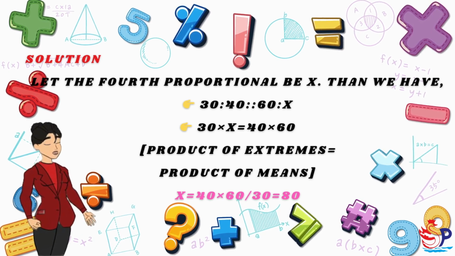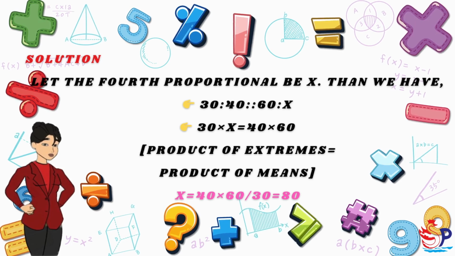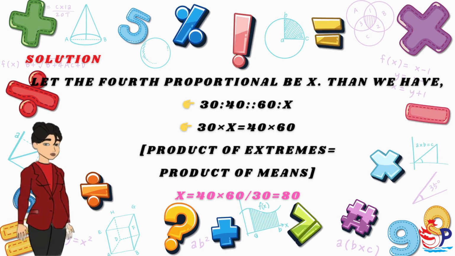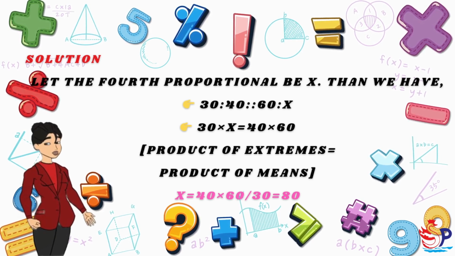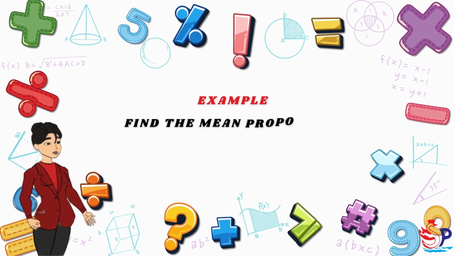Product of extremes is equal to product of means. x is equal to 40 multiplied by 60 by 30 is equal to 80. Final answer is 80.